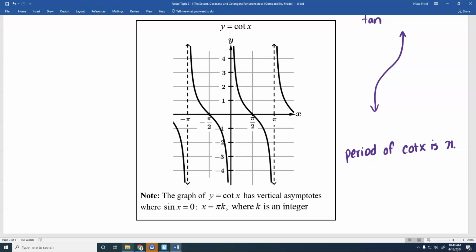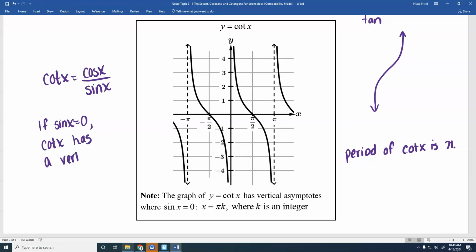Now, notice here, cotangent of x is 1 over tangent, but it's also cosine x over sine x. So, if sine x equals 0, cotangent x has a vertical asymptote.